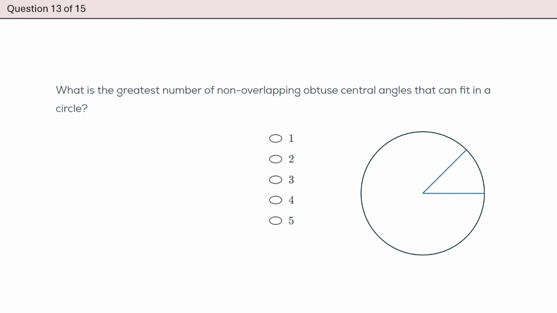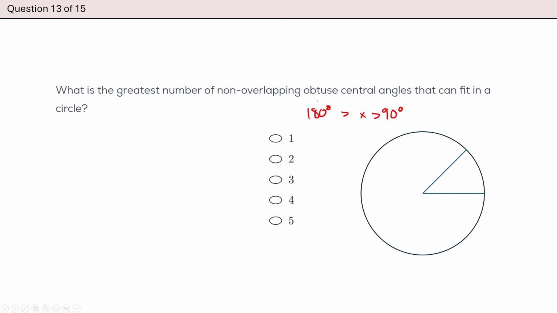But the rule is this central angle has to be obtuse. I lost my marker. Here we go. So this central angle has to be obtuse, not stupid, not that definition of obtuse, but the angle. And an obtuse angle is going to be one that is greater than 90 degrees, not equal to 90 degrees. So greater than 90 degrees, but less than 180 degrees.